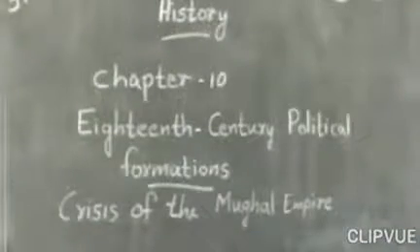Then what are the crises of the empire in the later Mughals? In the later period, so many crises occurred in this Mughal Empire. What are the crises? Let us look for that.